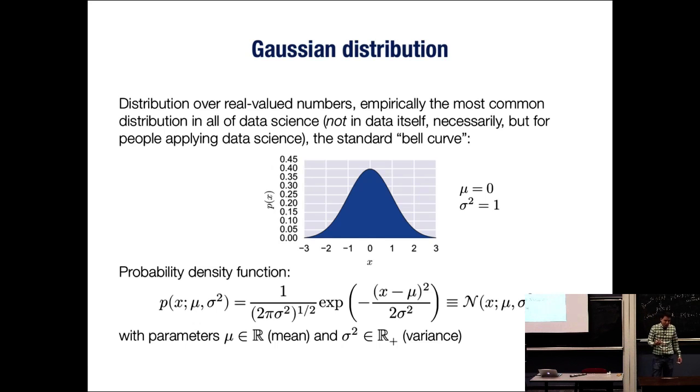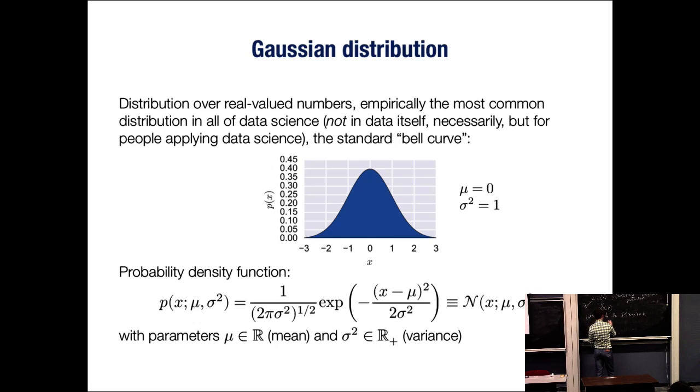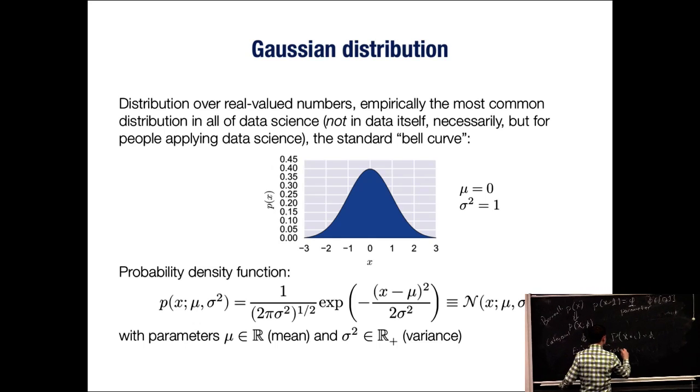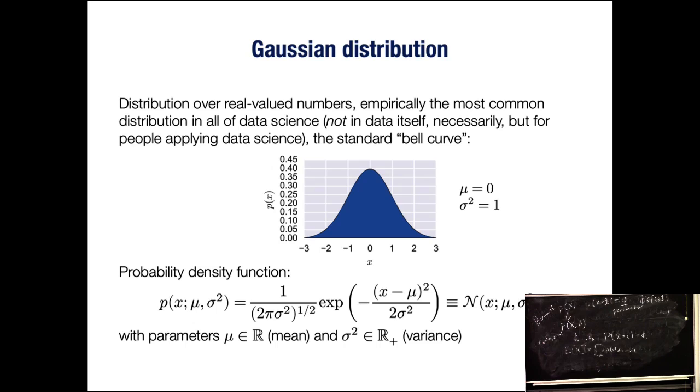You have to actually compute the integral, right? The expectation is equal to the integral from negative infinity to positive infinity of x times p of x. So why on earth is that equal to mu? It is. The best way I know how to do this involves complex valued transformations of integrals, so we will not do any of that.